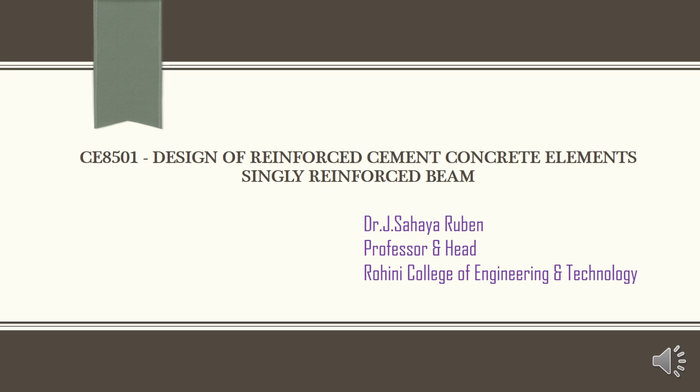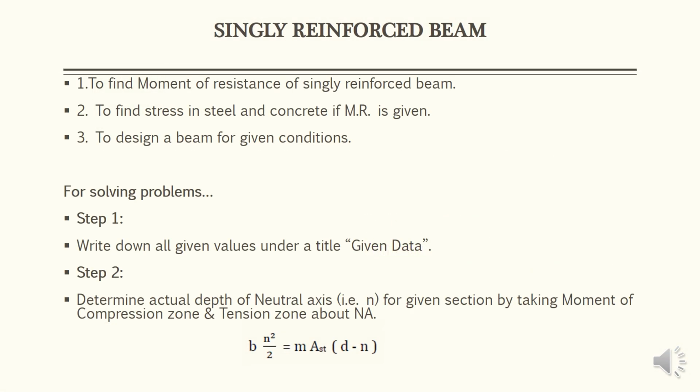Today in this lecture we will see about the singly reinforced beam section and design problem. In the design of singly reinforced beam, there are three types of problem commonly available. The first type is to determine the moment of resistance of the given reinforced beam.